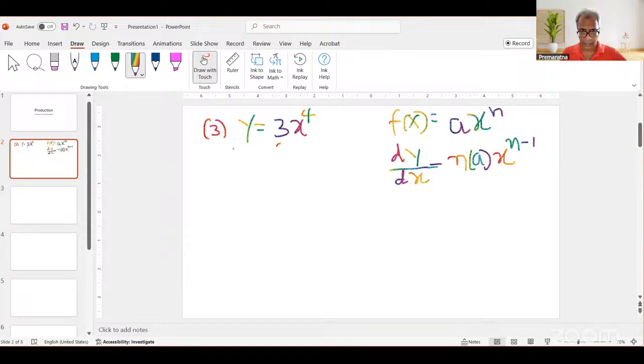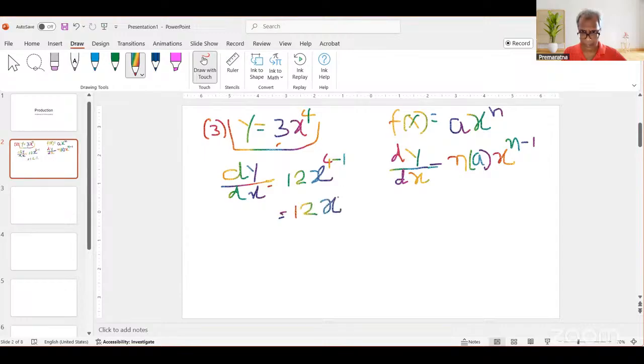In this example, dy by dx equals 4 times 3, which is 12, x to the power 4 minus 1, which means 12x cubed.